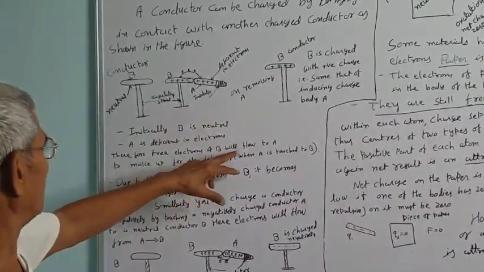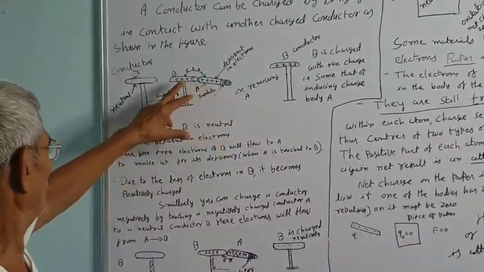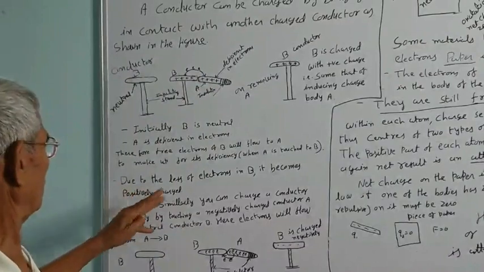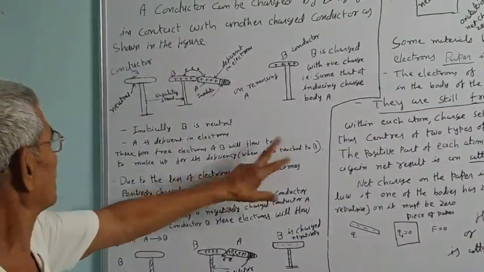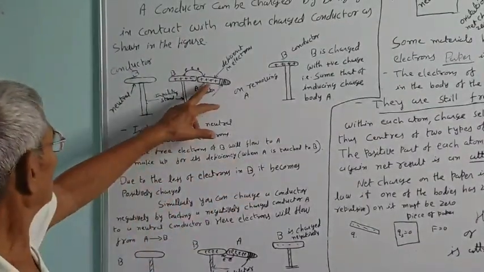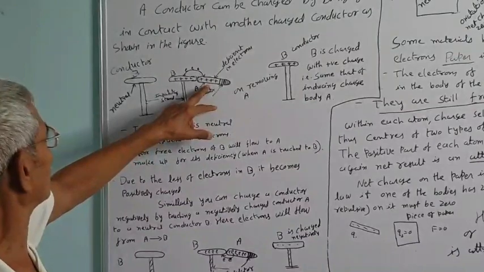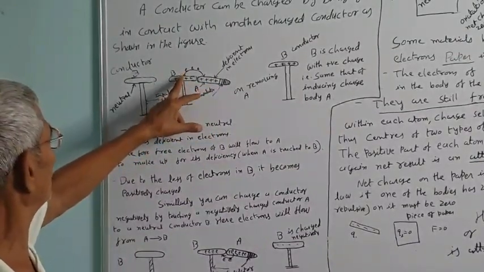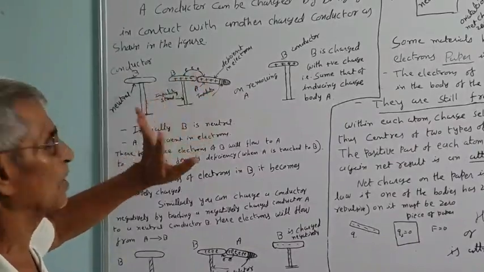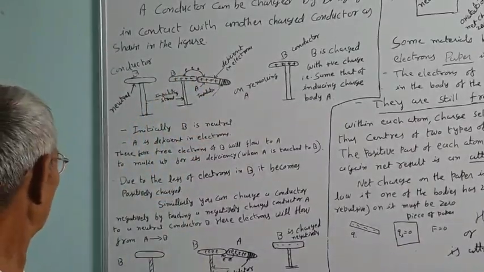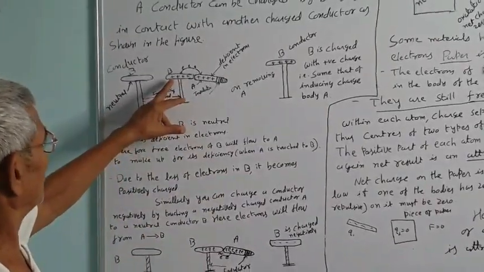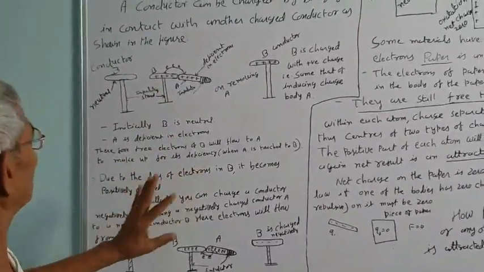Therefore, free electrons from B will flow to A to make up the deficiency when A is touched to B. So A is deficient in electrons, so free electrons will flow from conductor B to conductor A. Due to the loss of electrons in B, B becomes positively charged.